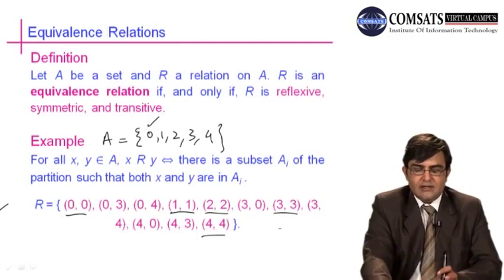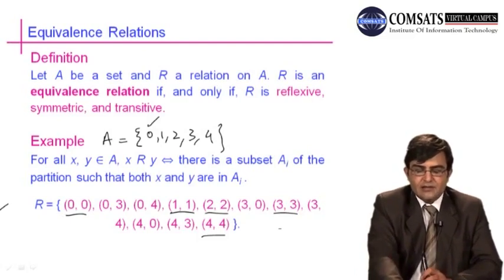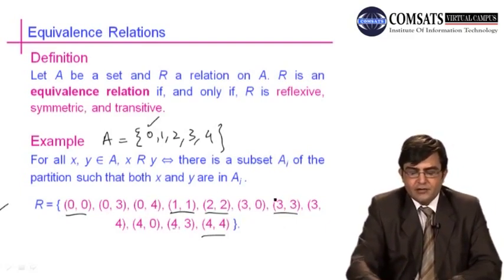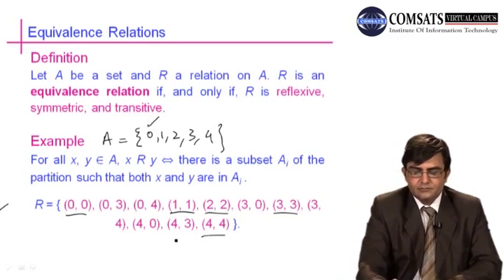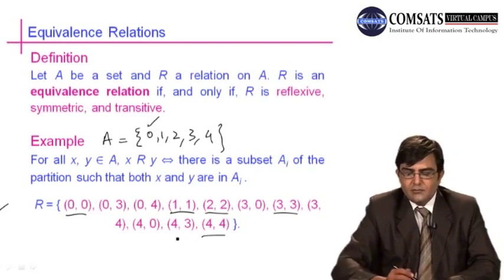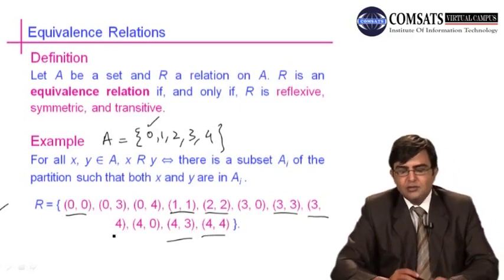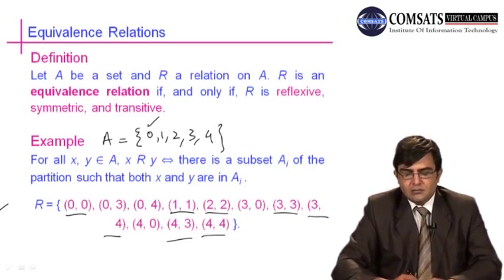So until here this is symmetric. 0 is related to 4, 4 is related to 0, 3 is related to 0, 0 is related to 3, 4 is related to 0, 0 is related to 4, 4 is related to 3 here, and 3 is related to 4 also. So all the ordered pairs in R satisfy the symmetric property. Therefore this relation is a symmetric relation.